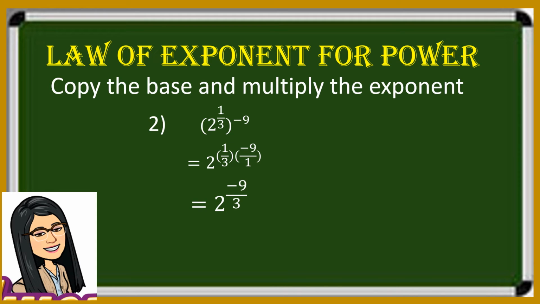And observe, we can divide -9 by 3, which is -3. So we have 2 raised to -3. And since our exponent is negative, we are going to take the reciprocal to make it positive. So 1 over 2 cubed. And 2 cubed is the same as 2 times 2 times 2. Then, we will arrive at 1/8.